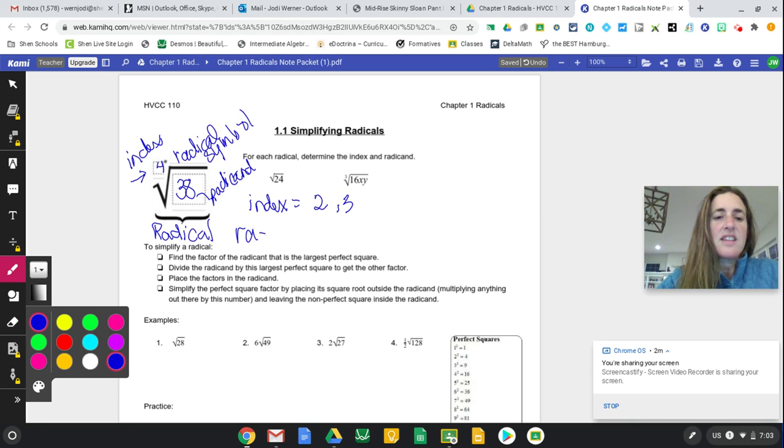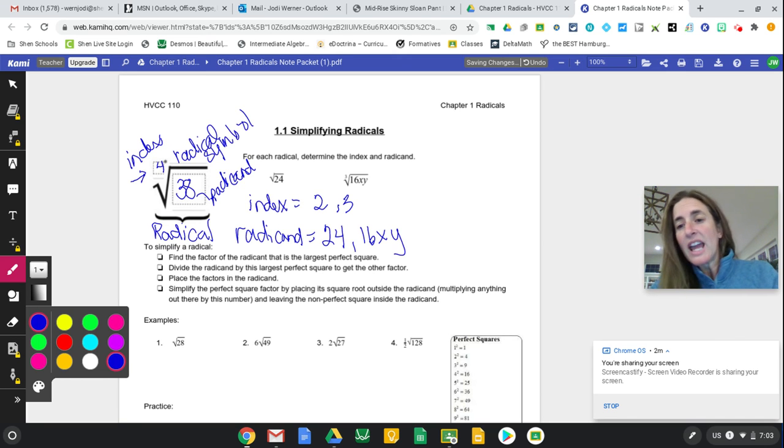The radicands are simply the numbers underneath there. So on the first one, the number underneath is the number 24, and on the second one, it's 16xy. Even though there's an x and a y, they can still be underneath there, and we could take the square root of those, but not today, because that would be crazy.